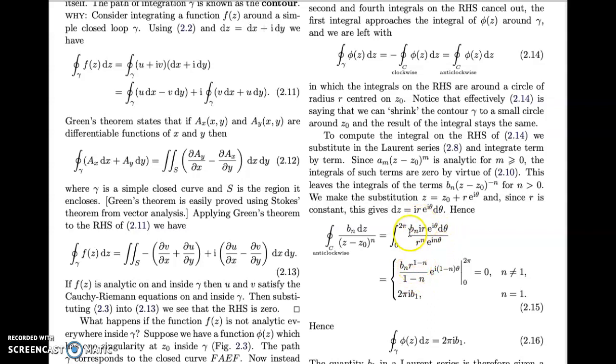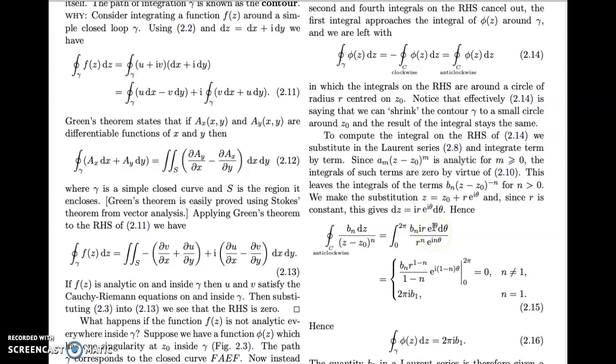They're not very interesting. b_n is a constant. The interesting thing is what happens with the e's, e to the i thetas. So we end up with e to the i theta minus e to the i n theta, which is e to the i times (1 minus n) theta, which we need to integrate.